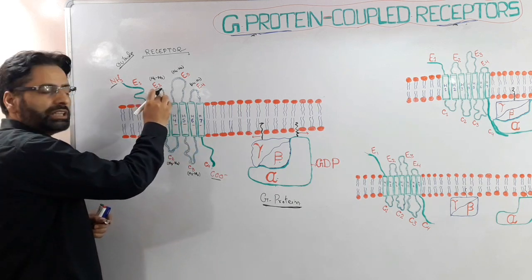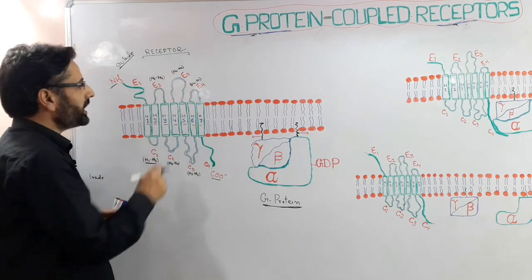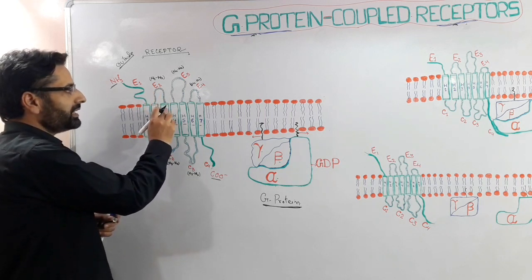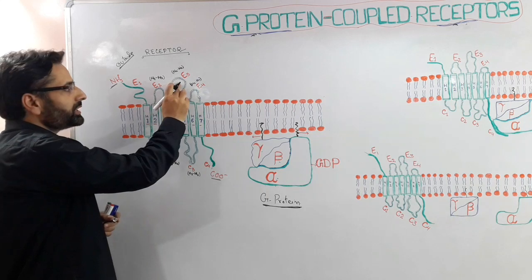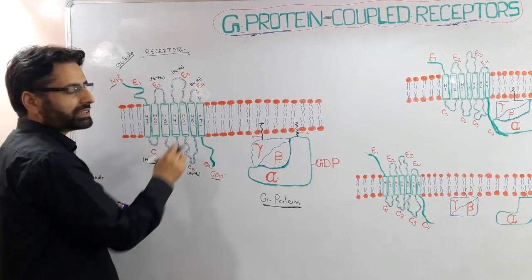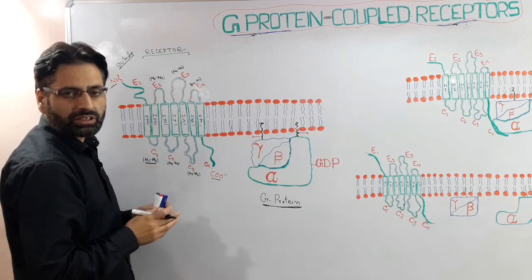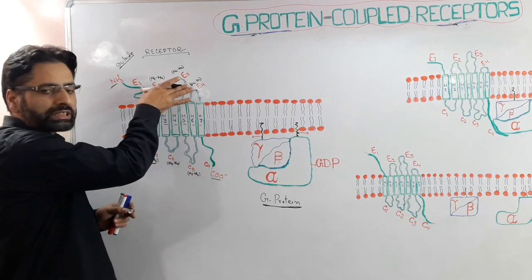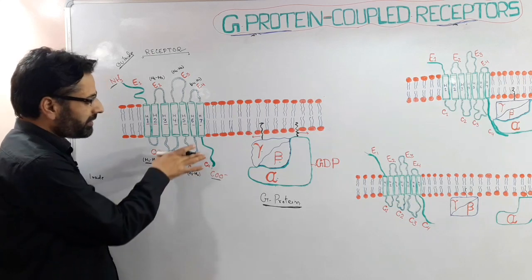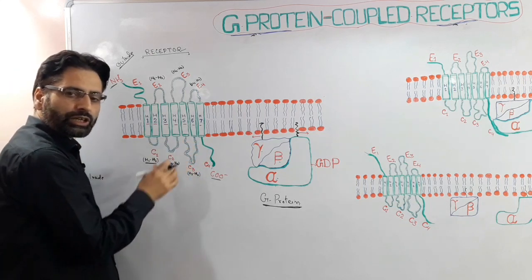And we have 3 loops, E2, E3 and E4, on the extracellular side. The E2 loop connects helices 2 and 3. The E3 loop connects helices 4 and 5, and similarly the E4 loop connects helices 6 and 7. You can say we have 4 segments including 3 loops on the extracellular side, and 4 segments including 3 loops on the cytoplasmic side.